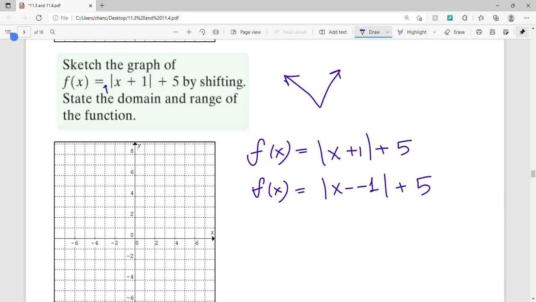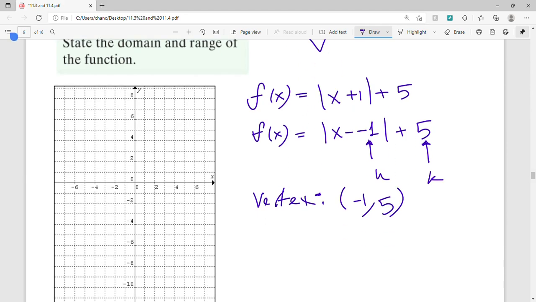So the absolute value of x minus negative 1 plus 5. This is the h, this is the k. So our vertex is actually (-1, 5). So be careful. You have to consider the plus inside the absolute value as a double negative. It gets shifted to the left 1 and up 5.